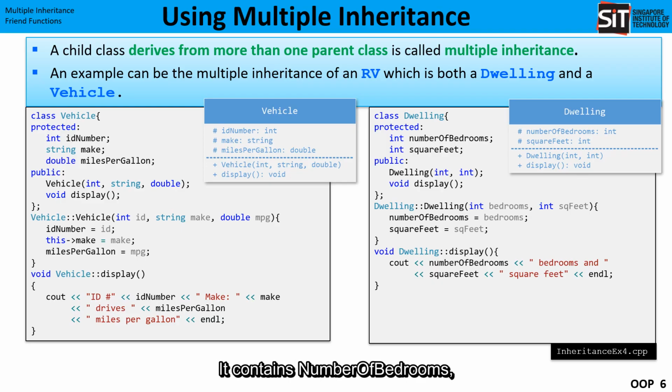It contains number of bedrooms, area in square feet, simple constructors, and display. So let's introduce another child class which inherits from vehicle and also dwelling, and we call it multiple inheritance.